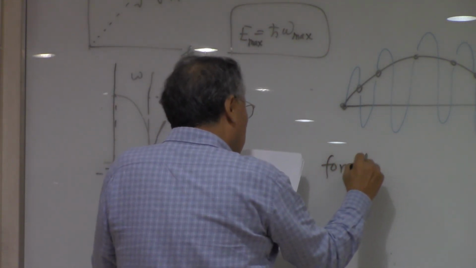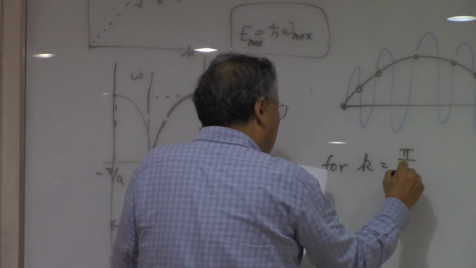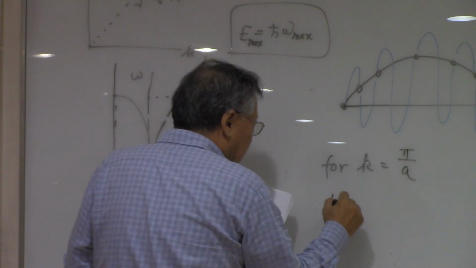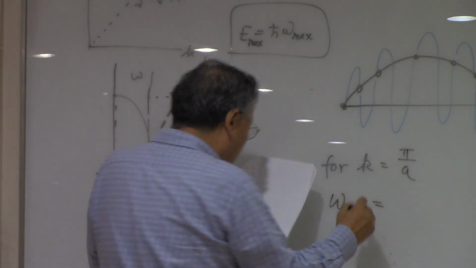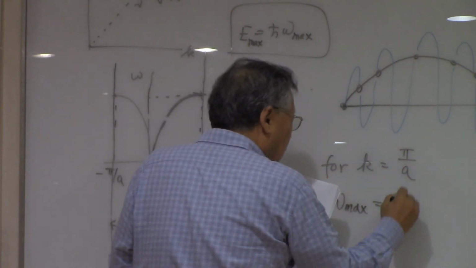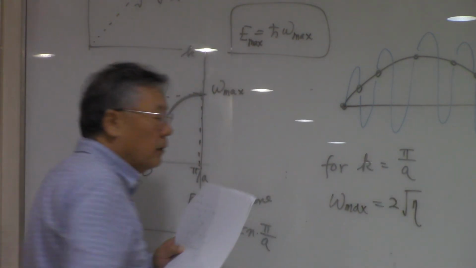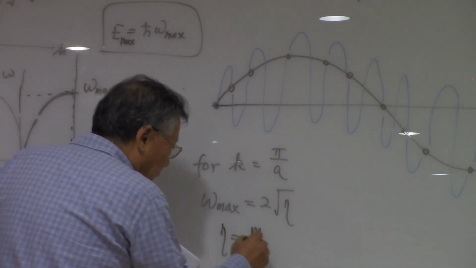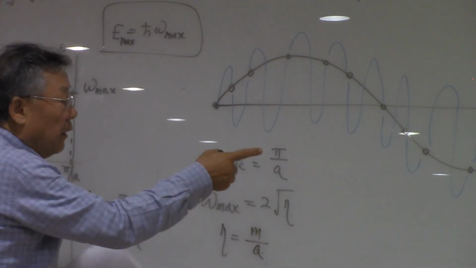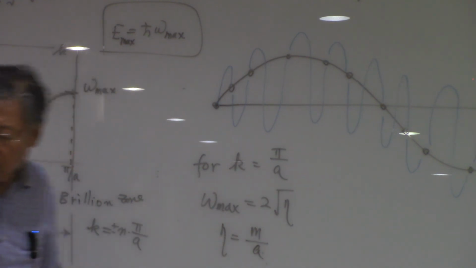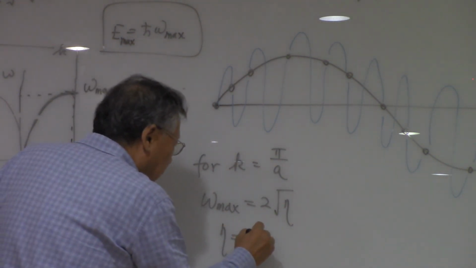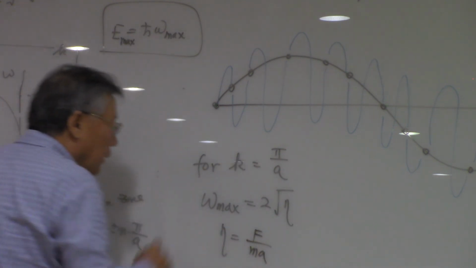For k equal to pi over a, okay, omega max, you can calculate it like 2 times the square root of eta, and then eta is, as you have that, f over ma, sorry, f over ma, okay?